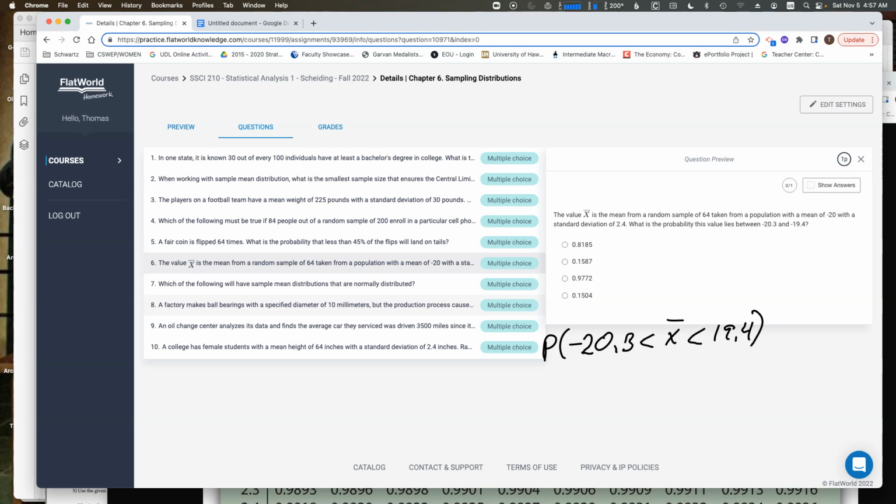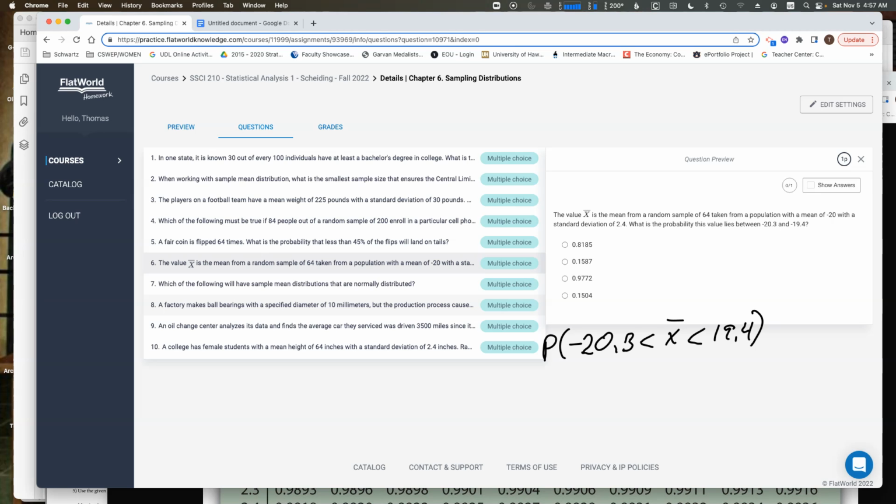So far we're good. The biggest thing to be careful about as we're solving this is that we can't use the standard deviation of 2.4 straight. We need to adjust that for the fact that we have a sample size here.